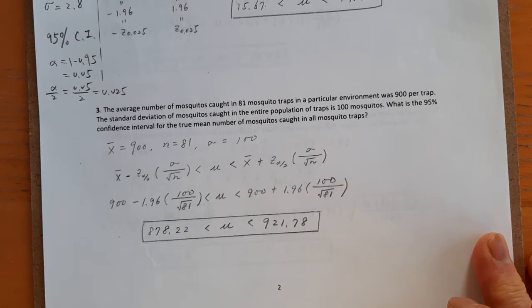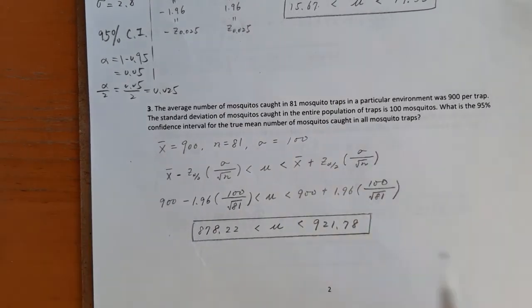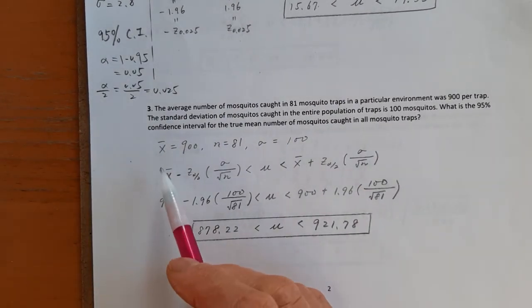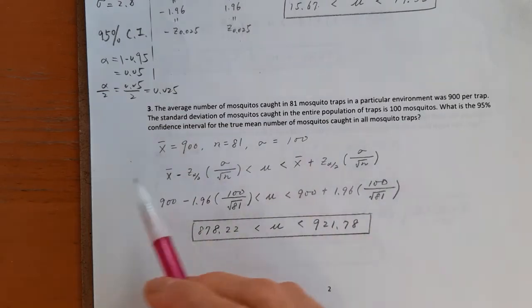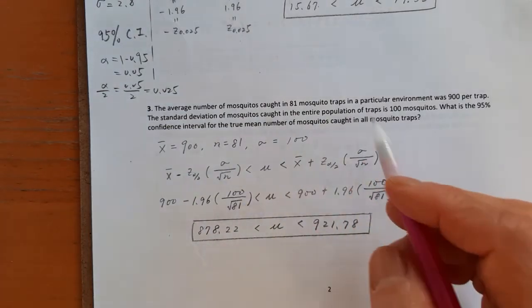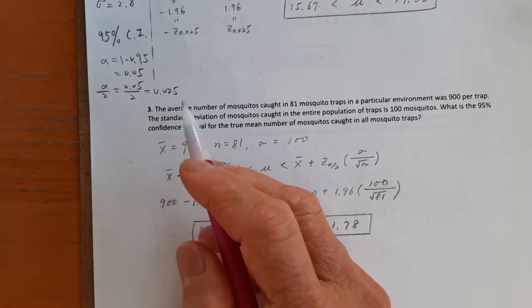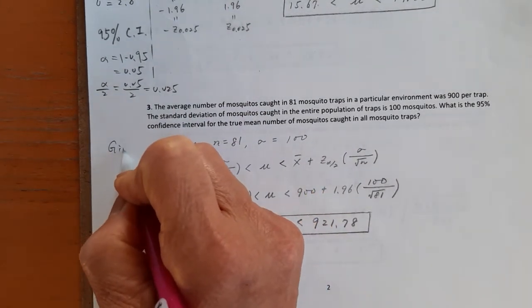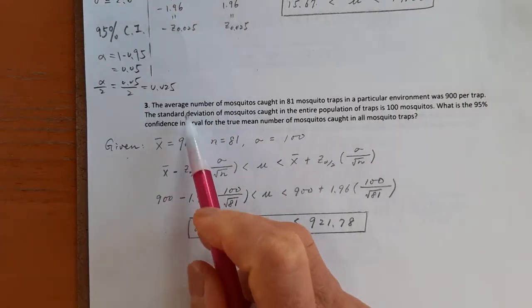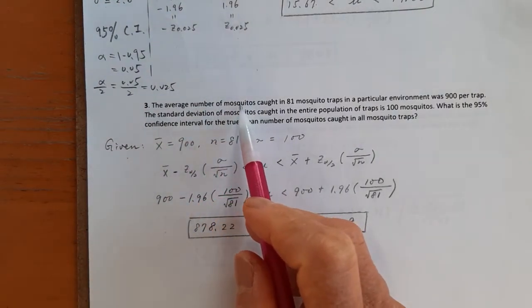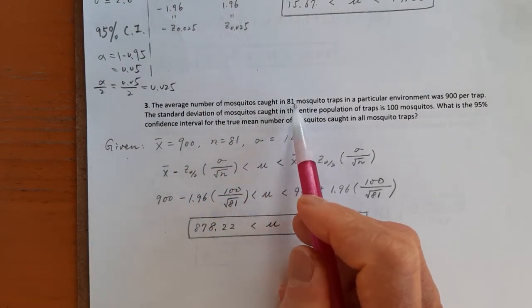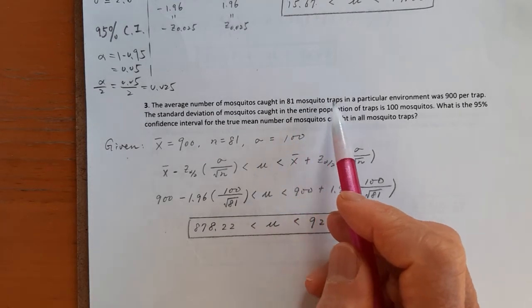Question 3 also asks to find the confidence interval, using the same formula. These are the given conditions: the average number of mosquitoes caught in 81 mosquito traps.